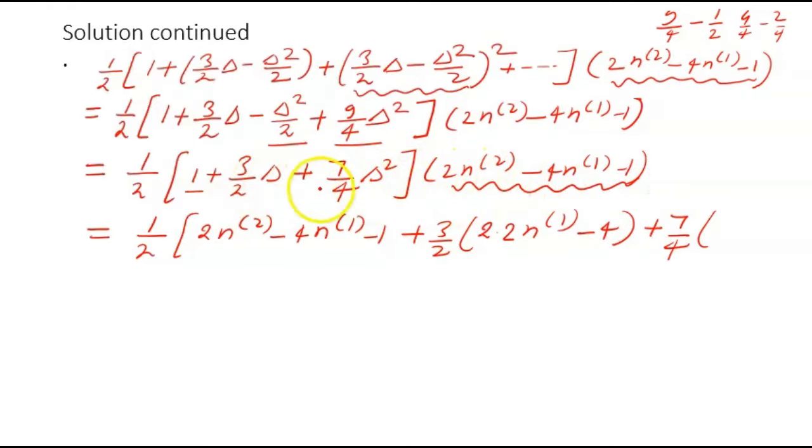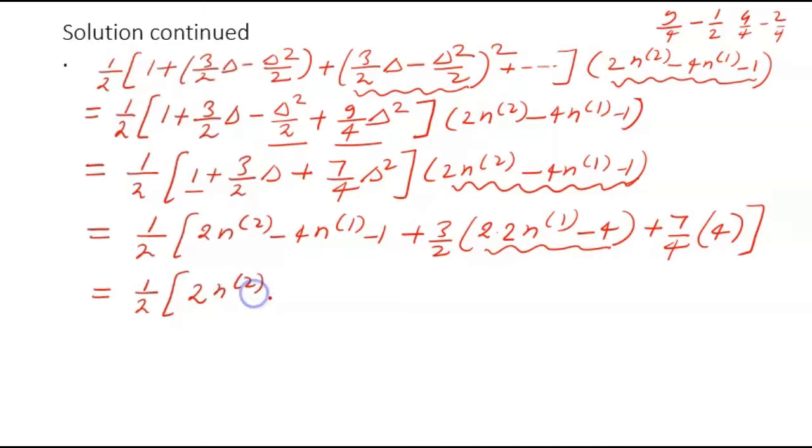We already have applied delta here and we have got this. So if I apply delta square, I need to apply delta on this, right? If I apply delta on this, I will get 4, and n to the power 1 will give me 1, and minus 4 will give me a constant. So I just get a 4 over here, and I close the bracket. I hope you got this point.